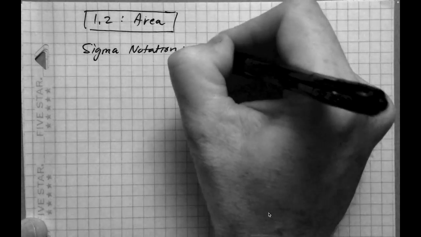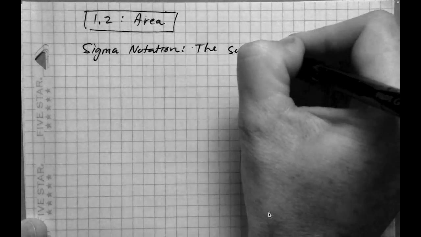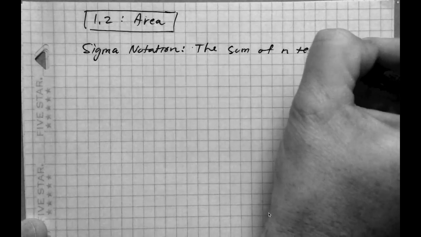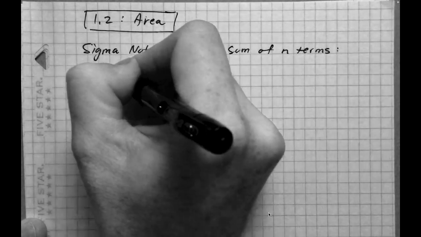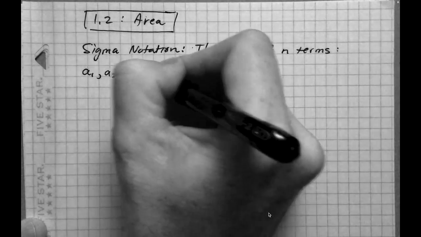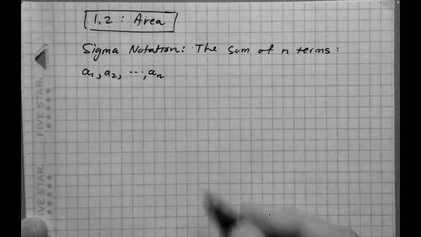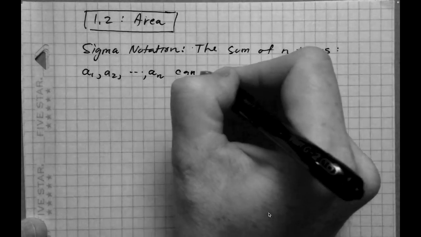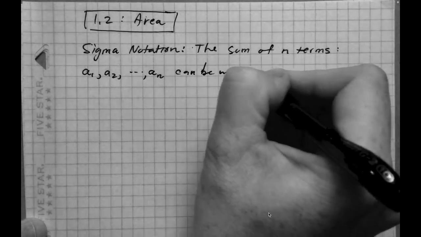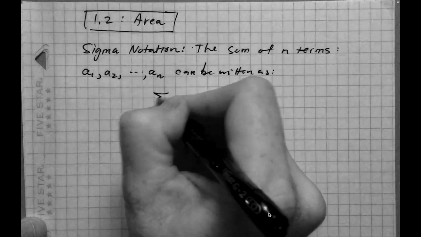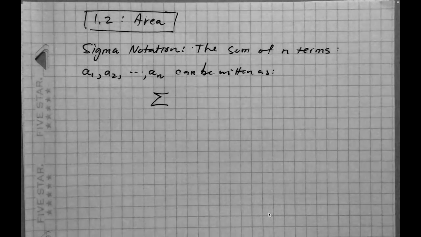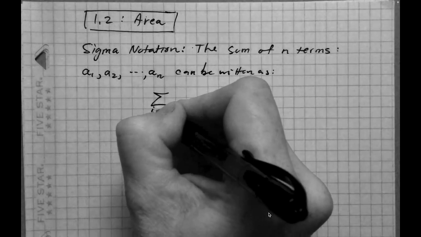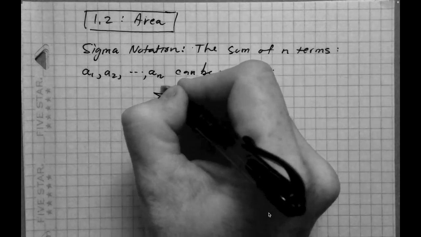So here's what we would say: the sum of n terms, and we'll just say A1, A2, all the way up to An, can be written as, okay, big sigma, that's like a capital sigma, large sigma, Greek letter, and then we usually have an i equals 1 up to n.